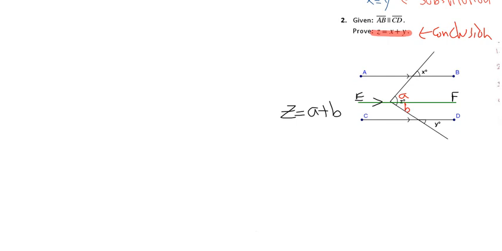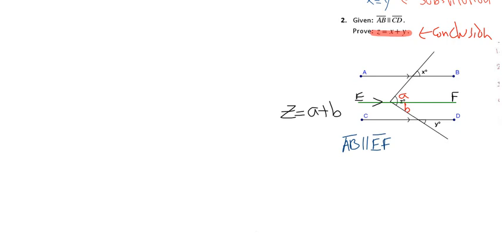So what do we have? What do we say? So we could say here, because AB and EF are parallel, X is equal to A. So I need to say AB parallel to EF, but this was not given to us.